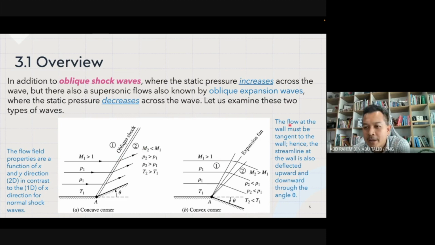For the convex corner, the flow at the wall must be tangent to the wall, hence the streamline at the wall is also deflected outward and downward through the angle theta. I hope you can already see the basic differences between the two conditions.